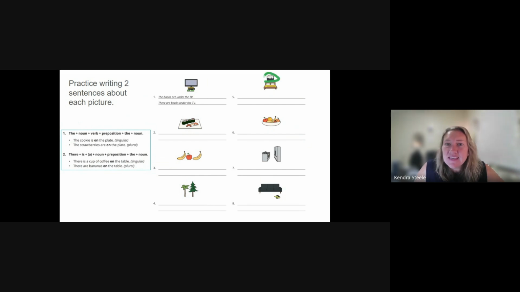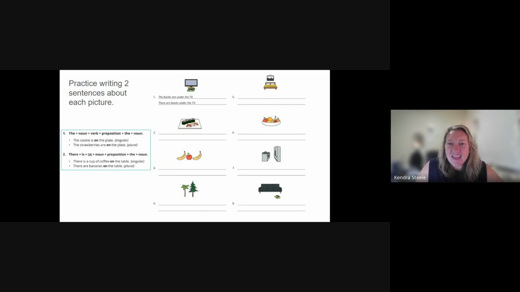The painting is above the bed. There is a painting above the bed. The fruit is in the bowl. There is fruit in the bowl. The refrigerator is across from the stove.